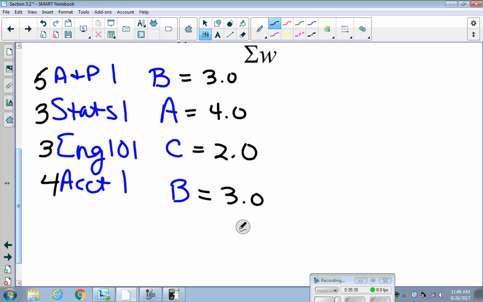Well, we have to weight them all, so we're going to do 5 times 3 and get 15. 3 times 4 and get 12, and 3 times 2 and get 6, and we got to add all those up.